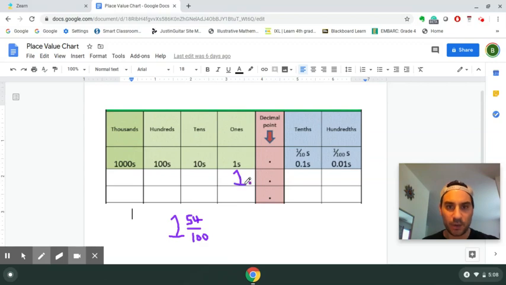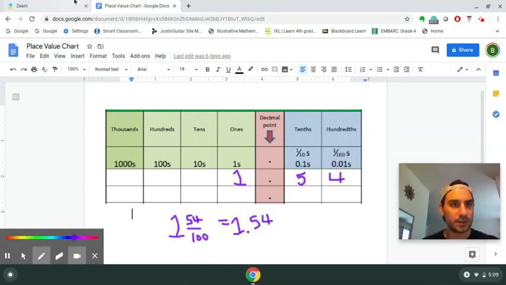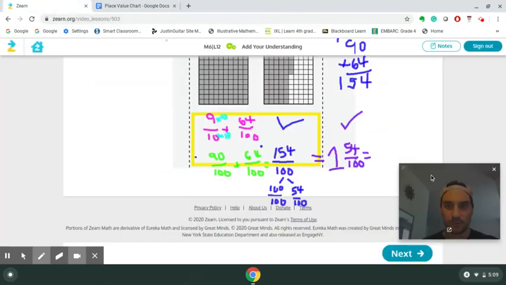We'll put a 1 in our ones place. We have our fractional value here, 54 hundredths. It can't just go here. I have to spread it out. 5 tenths, 4 hundredths. 1 and 54 hundredths. Okay.